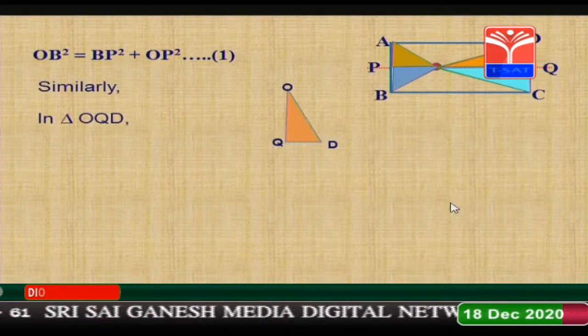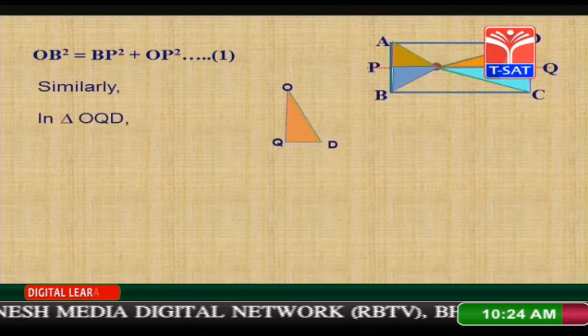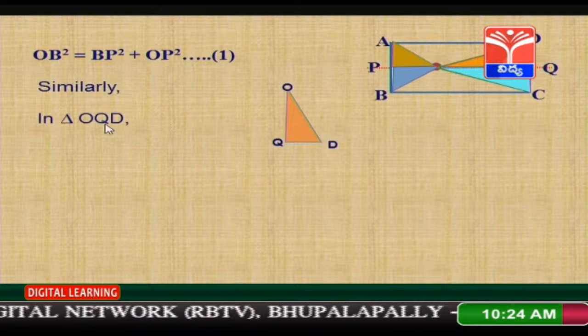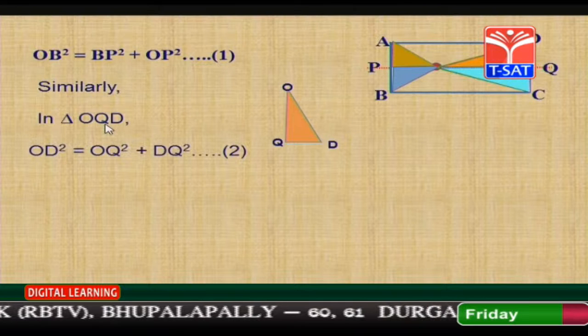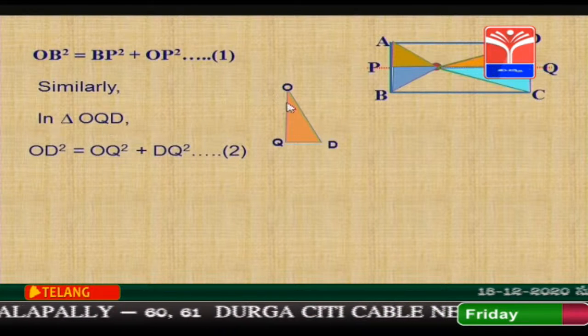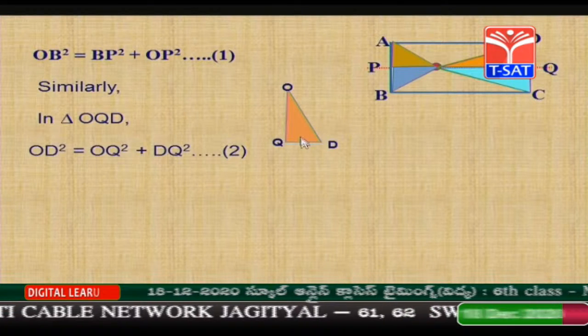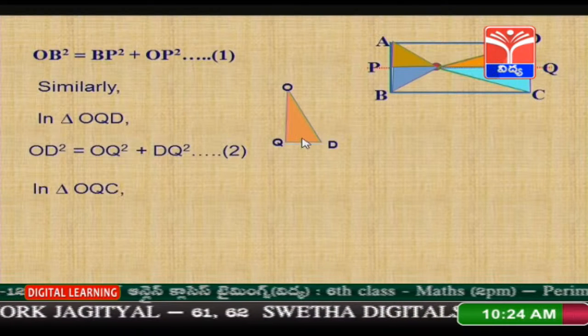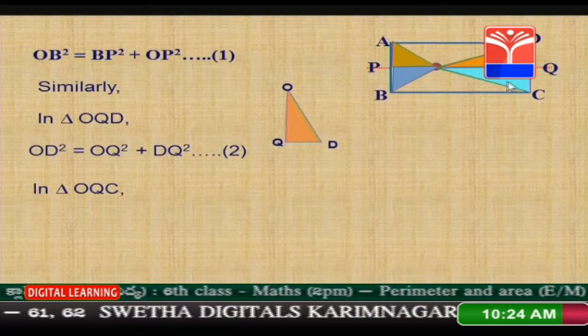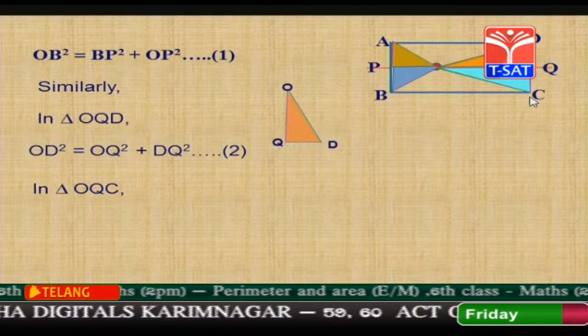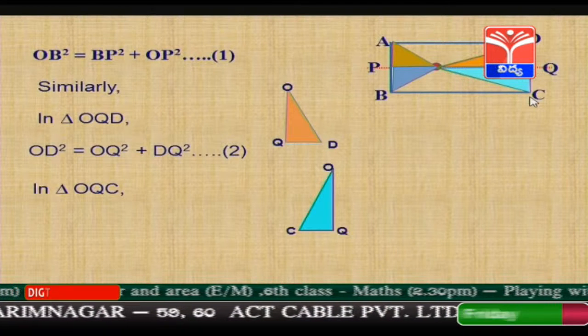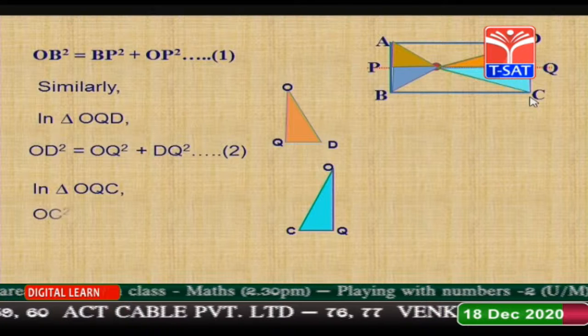Similarly, triangle OQD, what can I write? OD square is equal to OQ square plus DQ square. Next, in triangle QOC, what can I write by using Pythagoras theorem?